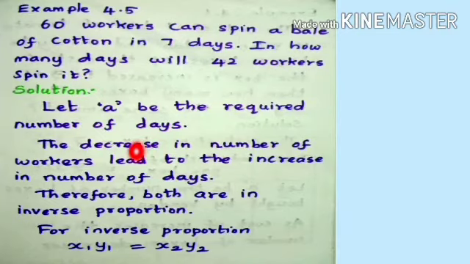Here we need to find the value of A, that is, the number of days. The decrease in the number of workers leads to an increase in the number of days. Therefore, both are in inverse proportion. So we know that for inverse proportion, the condition is x1 y1 is equal to x2 y2.